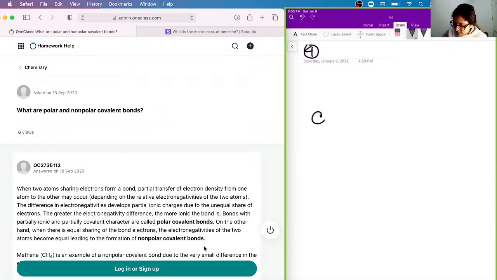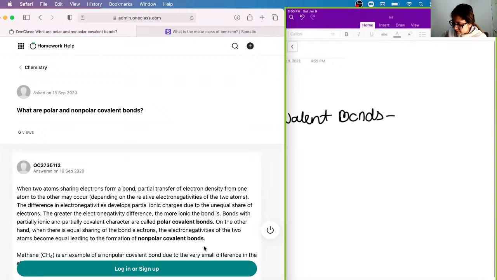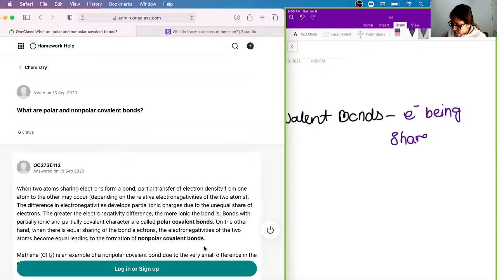We know that covalent bonds are bonds where electrons are being shared between the two atoms.